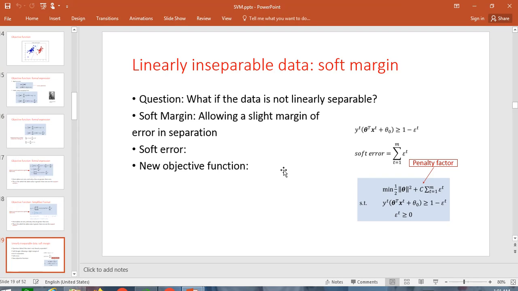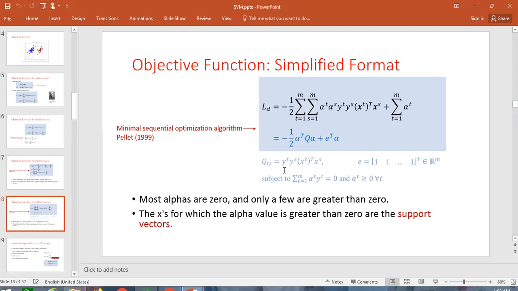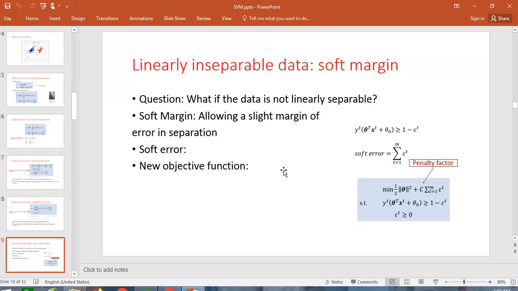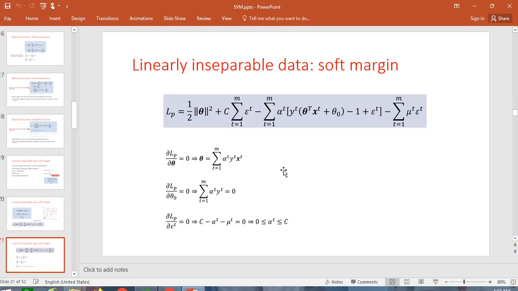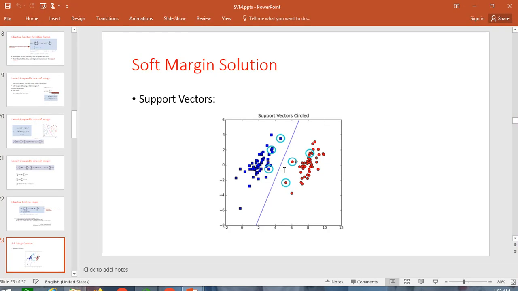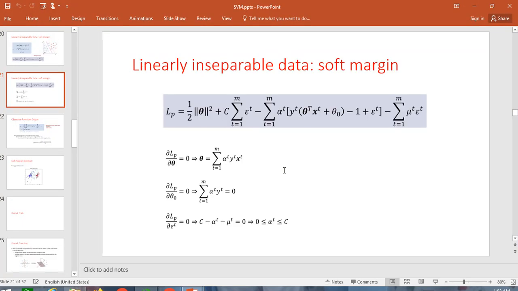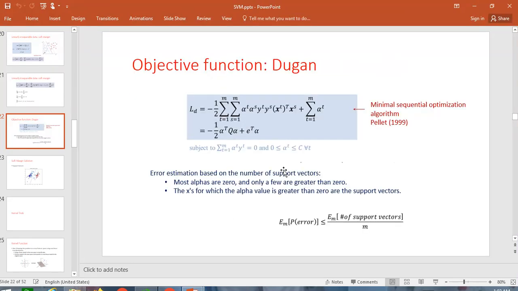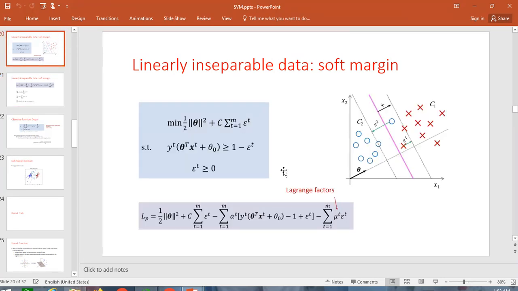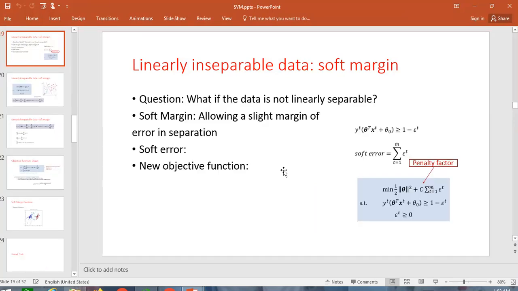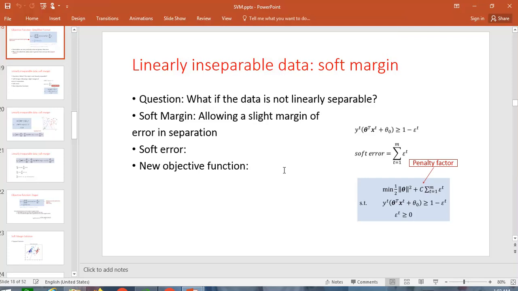Minimizing the size of w is no different from minimizing half the second power of w. But half the second power of w is a convex function, so it will definitely have a global minimum that can be reached. We will postpone solving this optimization problem to the next video.